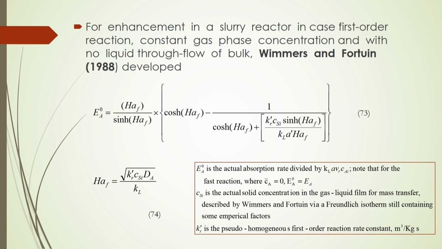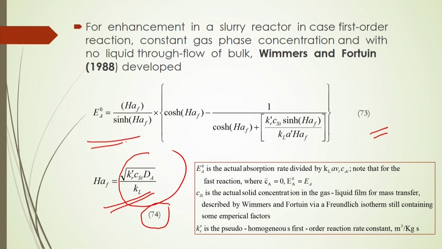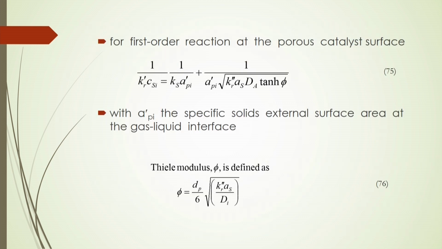Wimmers and Fortuin, 1988, developed equation number 73 here, and this Hatta number is represented by equation number 74. Based on this you can calculate the enhancement of the mass transfer in a slurry reactor in the case of a first order reaction.